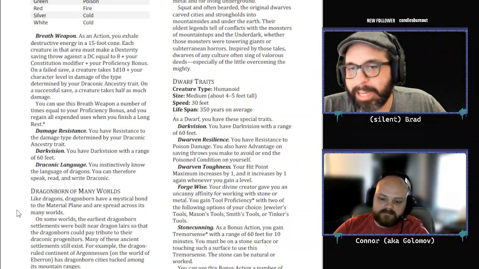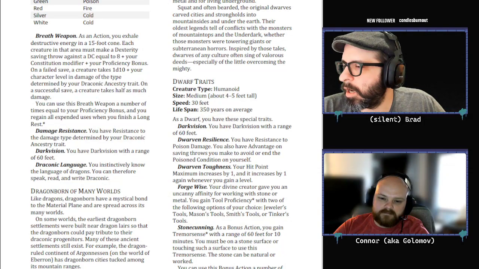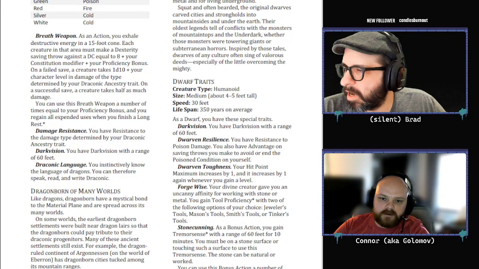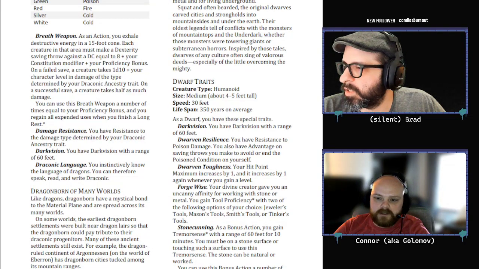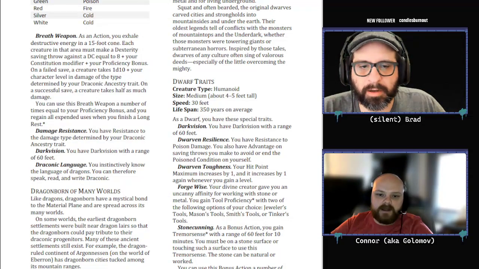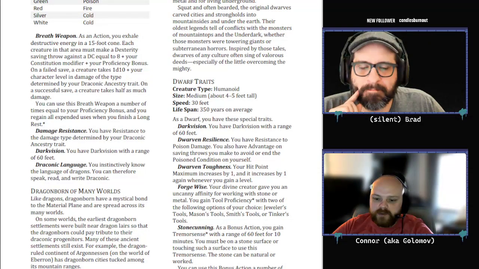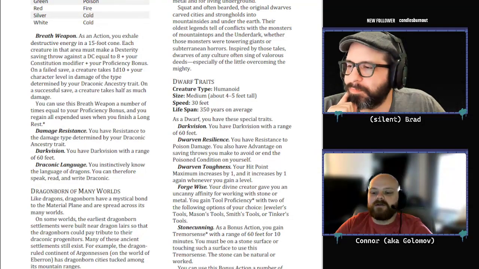The breath weapon has been changed to always be a cone. Originally, it was split up. I like that draconic ancestry, where your breath weapon actually depends on ancestry and what it actually shoots.